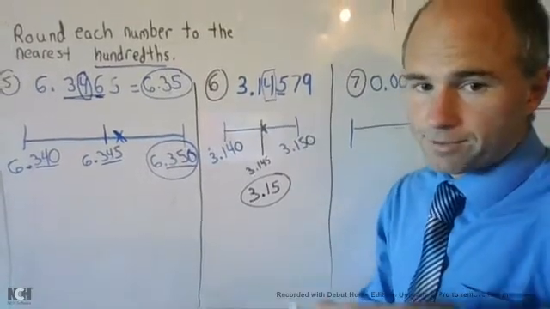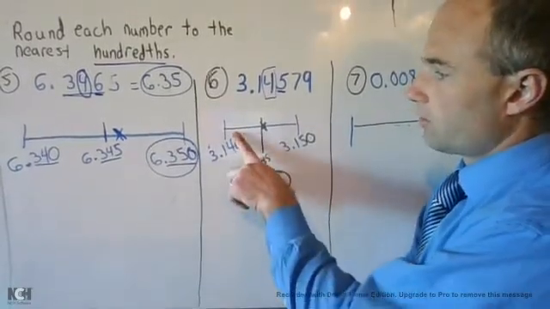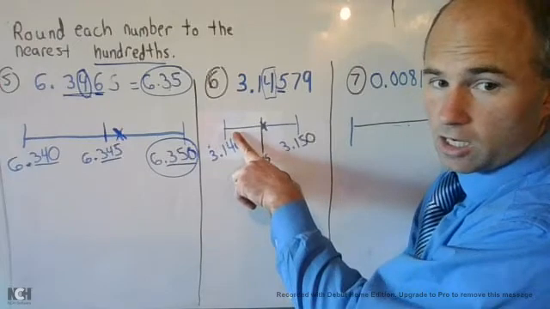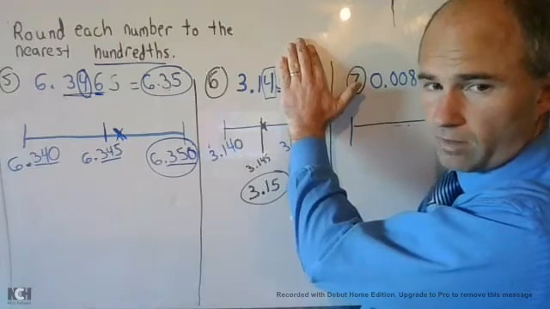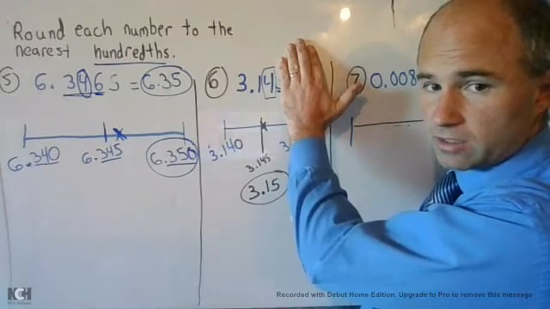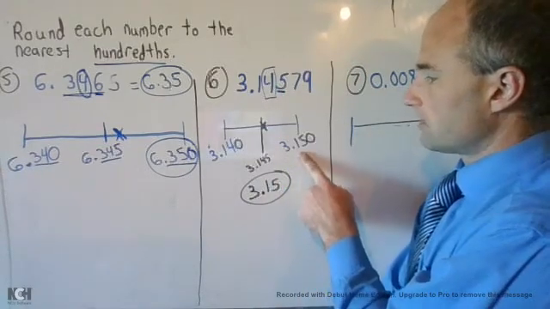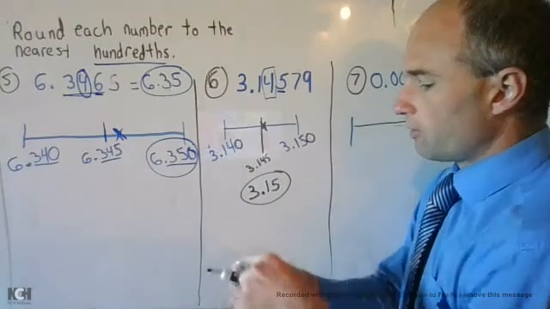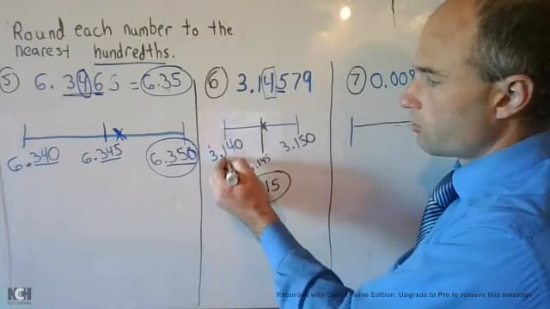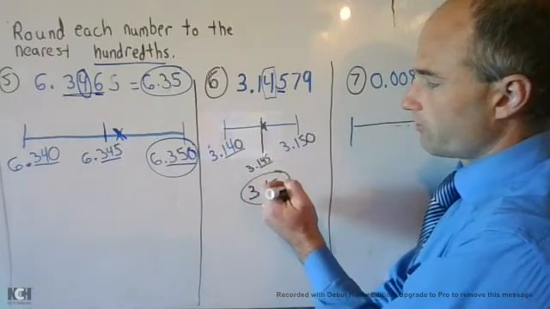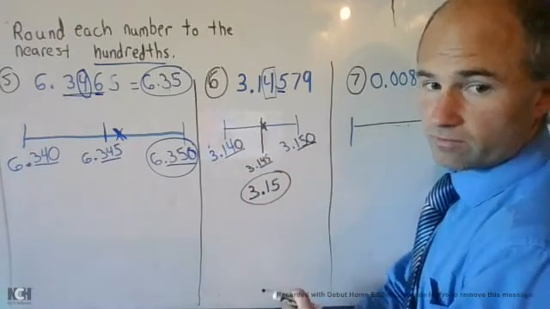Okay, so my two options are going to be 3 and 14/100ths. So I just hid the 5 and everything after. And then what's one more than 14 is 15. So it's 3 and 15. But to help me visually figure out my middle number, I turn this into 140, 145, 150.